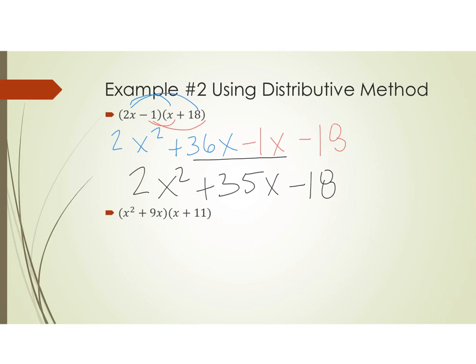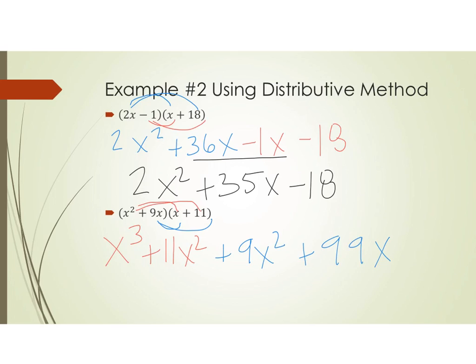Let's try another example. X squared, I'm going to distribute that to the second polynomial. X squared times x gives me x cubed. X squared times 11 gives me 11x squared. I'm going to repeat the same process, distributing the second term. 9x times x gives me 9x squared, and 9x times 11 gives me 99x.